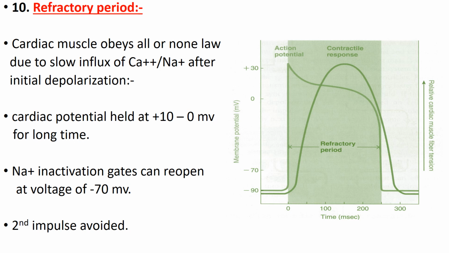The long refractory period in the action potential of the cardiac muscle helps the muscle to contract effectively and to pump the blood out of the chambers of the heart into the great vessels.